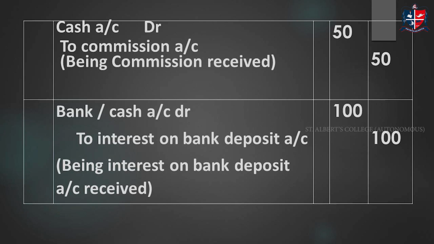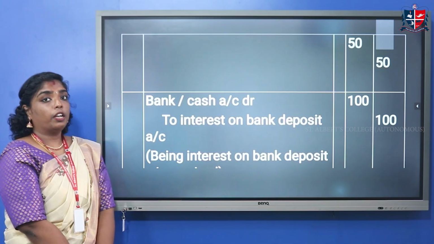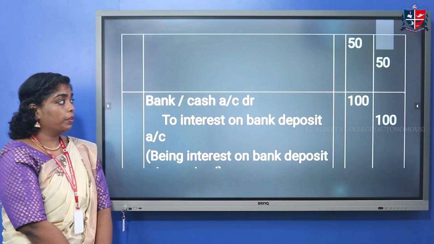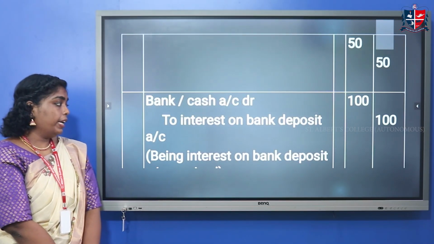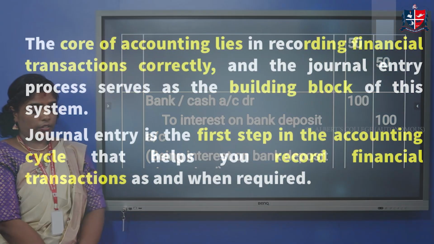The last one was received interest on bank deposit rupees 100. So the entry includes bank account debited to interest on bank deposit account rupees 100. And the narration will be being interest on bank deposit received.